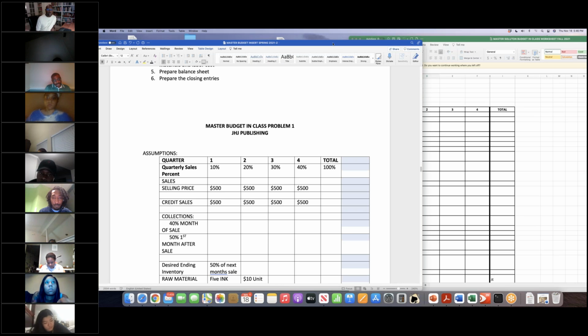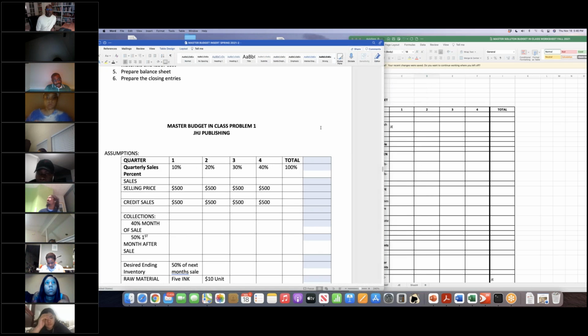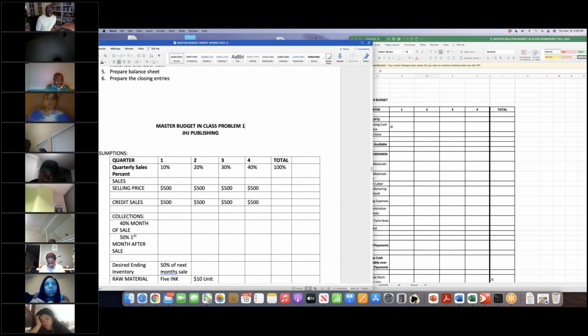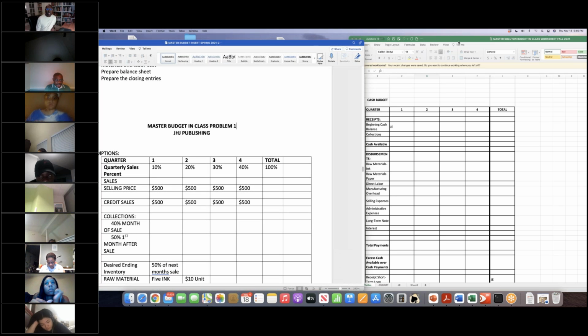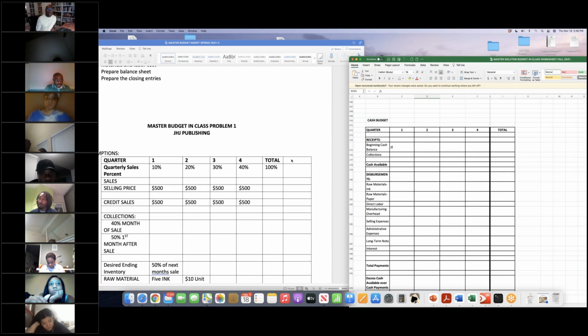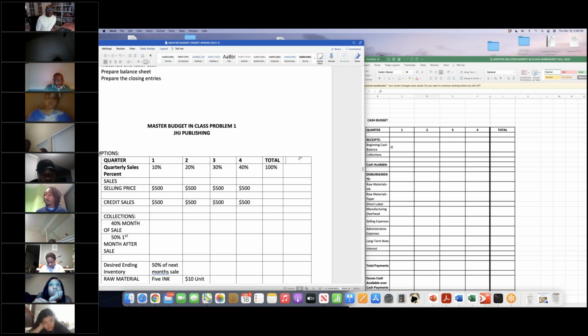So I'm inserting the column to the right. And this is the column, I'm going to call this the CVP column, CVP.